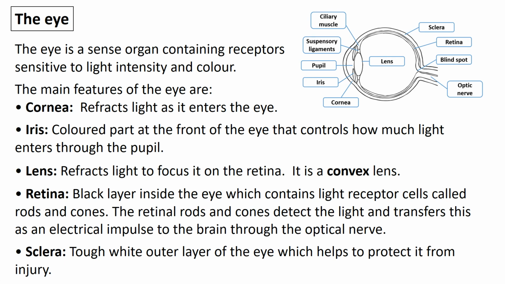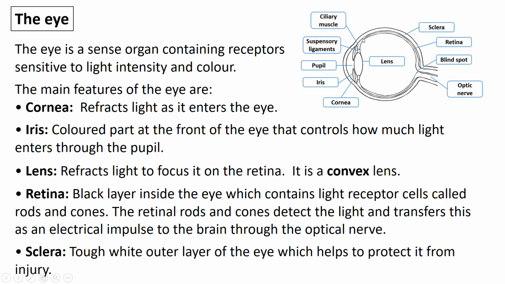Okay, they detect the light and they will transfer the information through the optic nerve as an electrical impulse, and it's the brain really that sees the image. So it interprets the image from those receptor cells that have been stimulated on the retina. The other parts of the eye you should really know are the iris, which is a coloured muscle at the front of the eye, and that can change to allow more or less light to pass through.